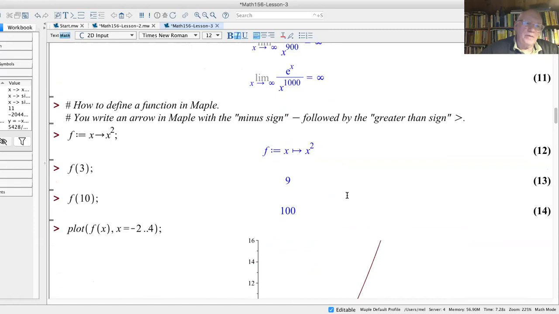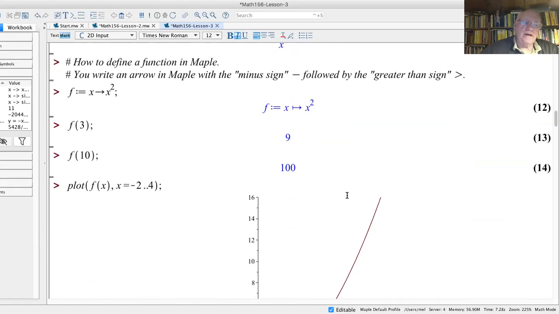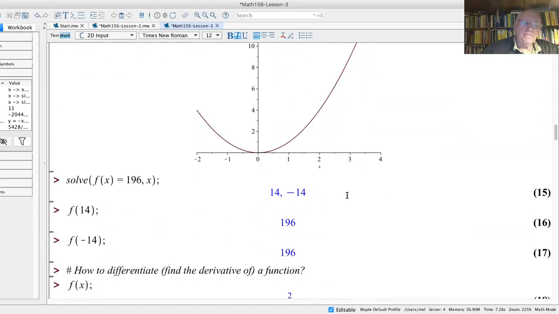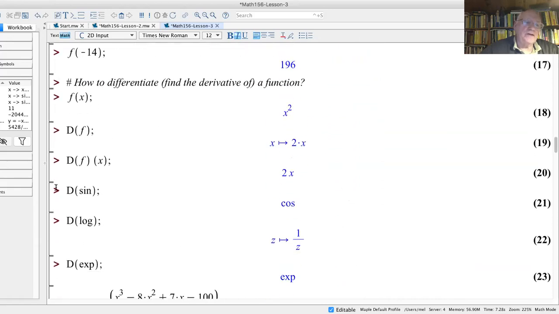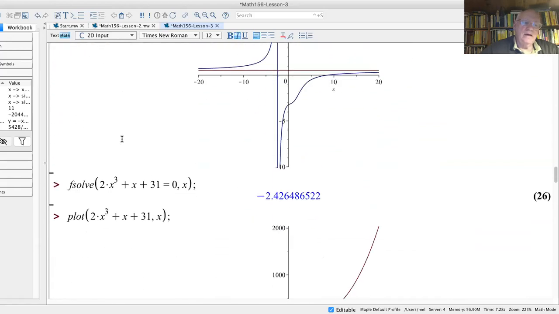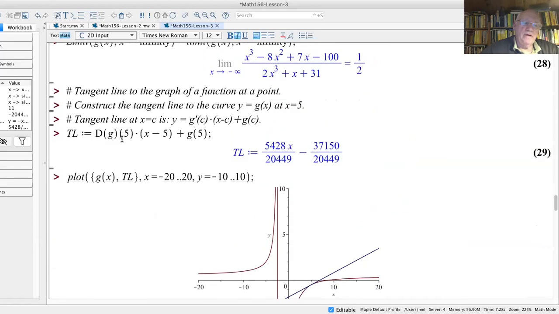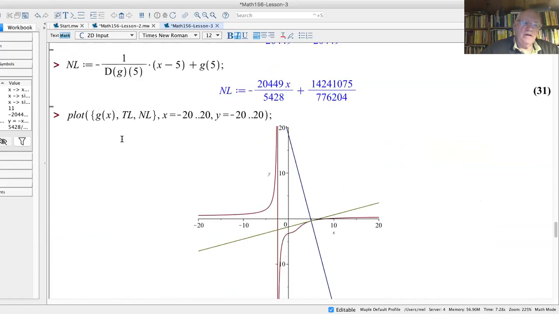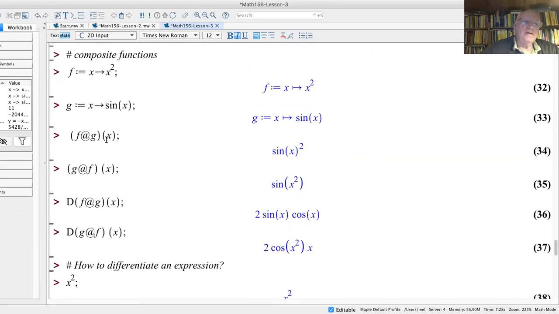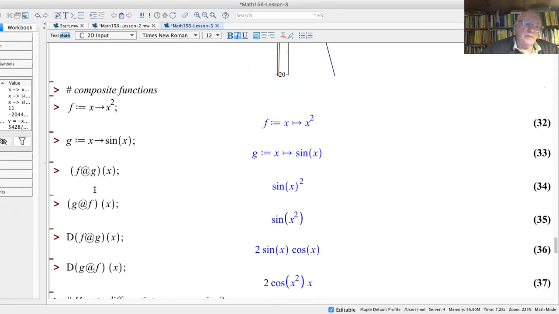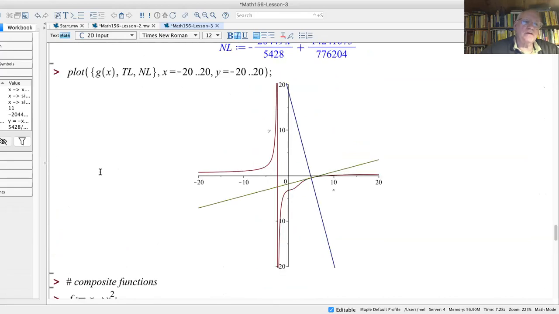Defining a function in Maple, extremely important. This is the syntax. Differentiating a function is simply the letter uppercase D. When you have an expression, the command to differentiate is diff. This @ symbol, which is Shift 4 on your keyboard, is the operator for composing two functions.